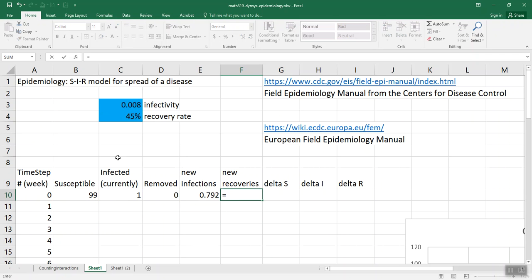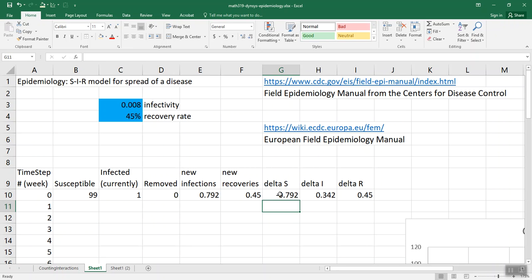My number of new recoveries, or removed at least, is recovery rate times the number currently infected. And then delta S is negative new infections because they're moving out of the susceptible category. Delta I is positive new infections minus the number of new recoveries or removed. And then delta R is positive new recoveries.